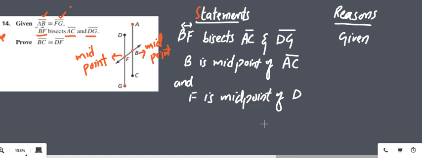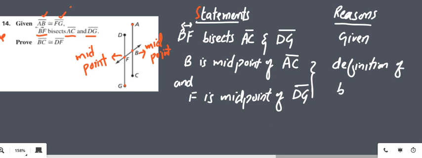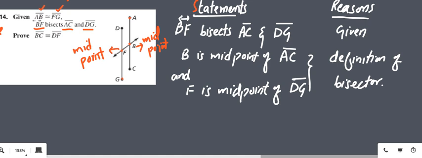Is it clear? Because it is the bisecting. The line is bisecting them. If it is bisecting, that means they are passing through the midpoint. So this is by the definition of bisector. Clear? Yes. Okay. Now look here.